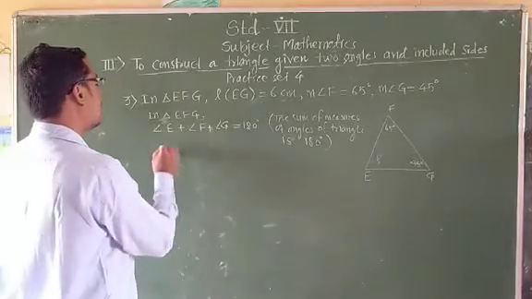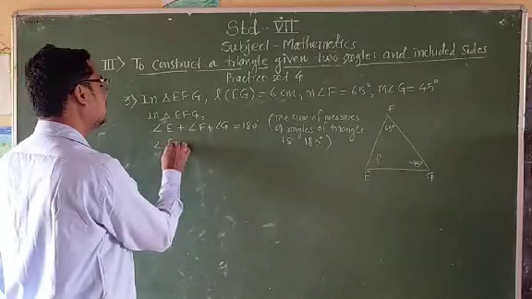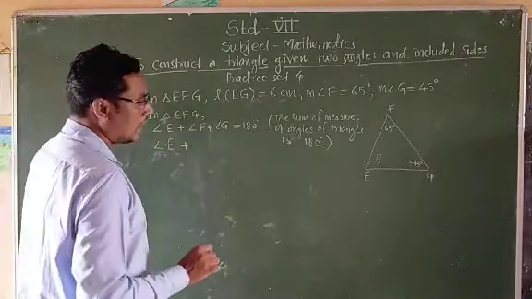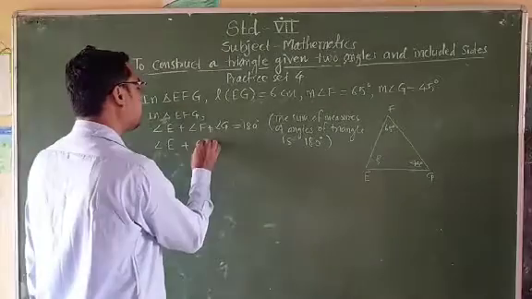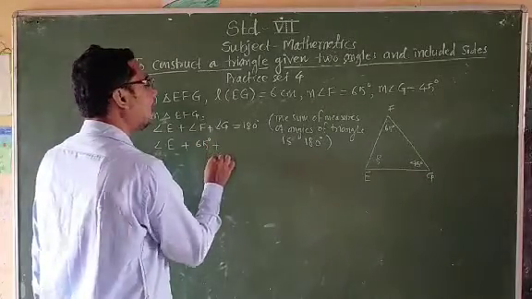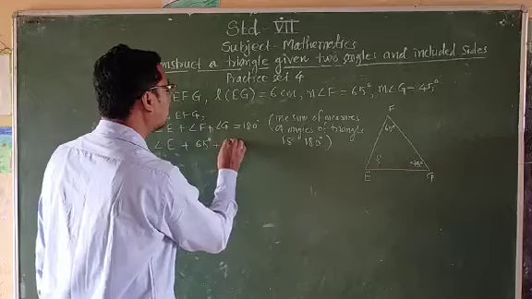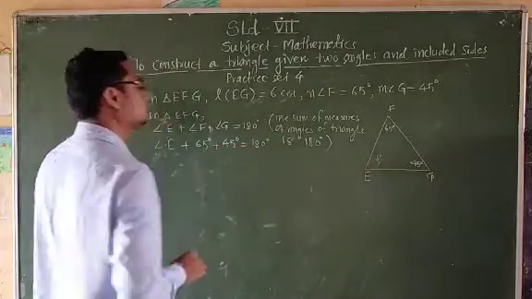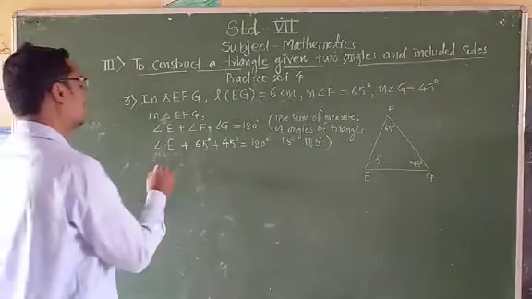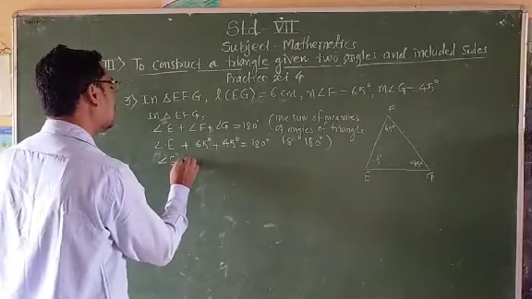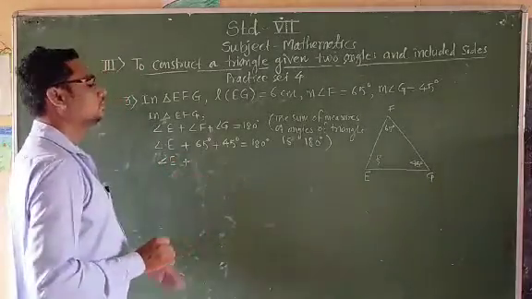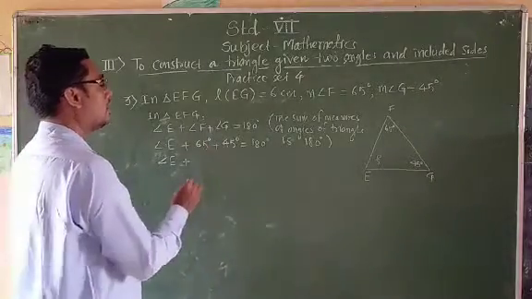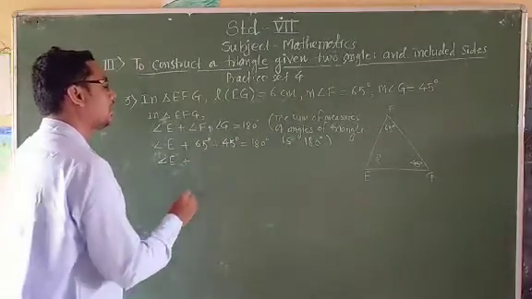Angle E is not given. Angle F is given as 65 degrees and angle G is given as 45 degrees. So angle E plus, how much? 65 plus 45 means 110.